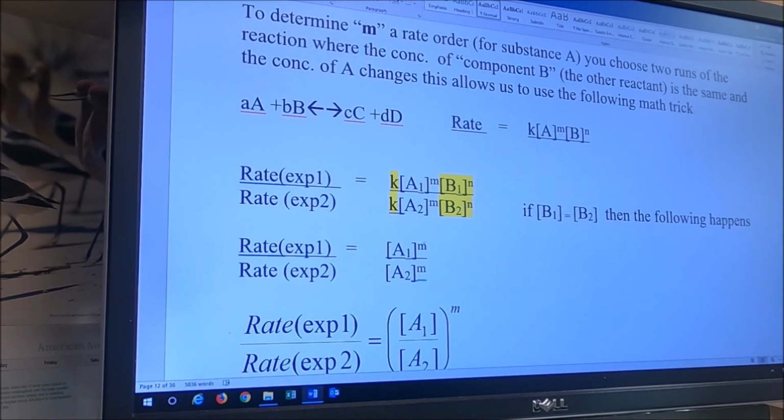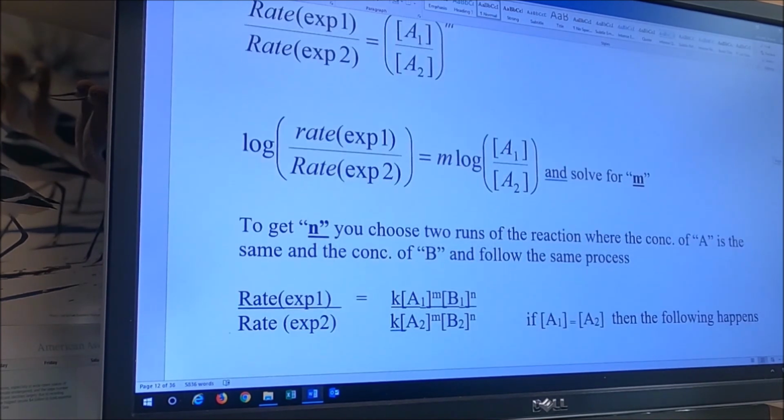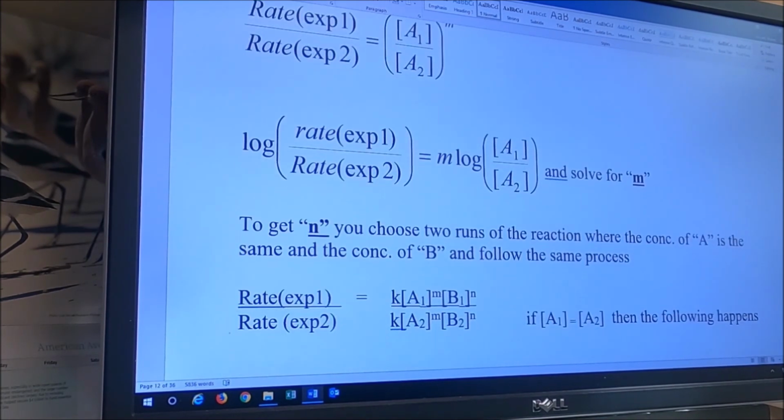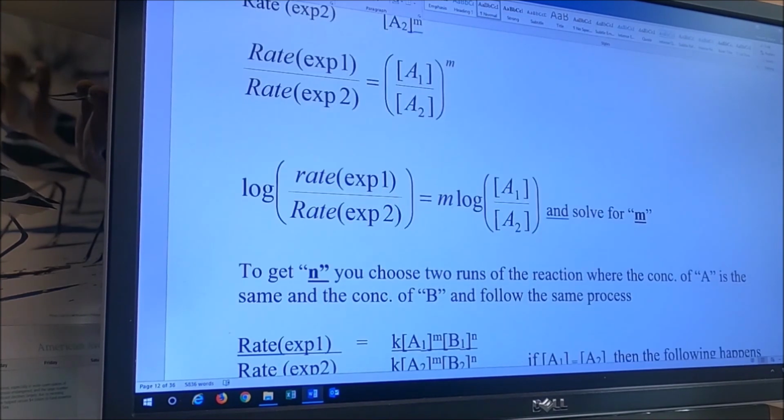Now, if I have two things raised to the same power, I can take the power outside. Okay, I get rate from experiment 1 over rate from experiment 2 equals the concentration of A from experiment 1 over the concentration of A from experiment 2, to the m. Now, usually at this point, right here, you can look at this number and see how they're related.